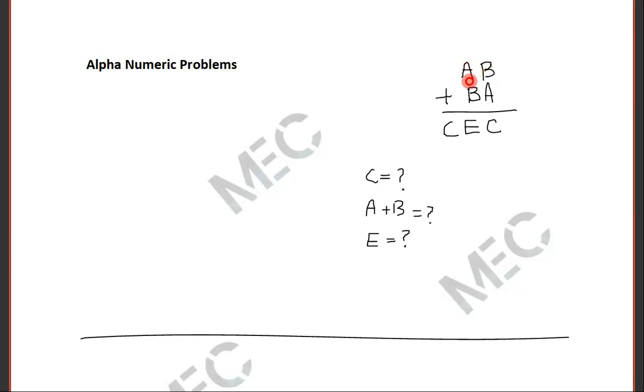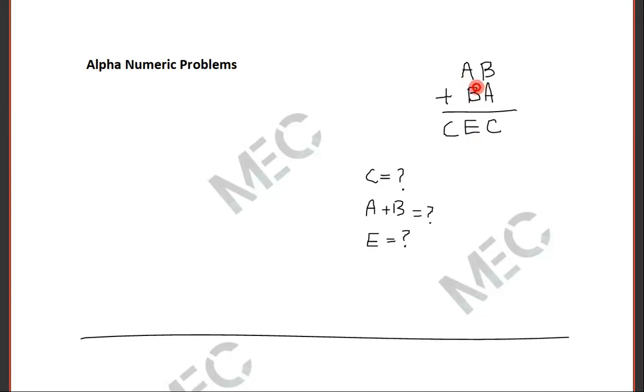So for example, this is a 2-digit number, AB, and BA is a 2-digit number, and the sum of these 2-digit numbers has become a 3-digit number. Now the question says, what is C, what is A plus B, and what is E? It's important for these questions that we understand that every letter is representing a digit, not a number. For example, A cannot be 10 or 11. A can be only 0, 1 up until 9.